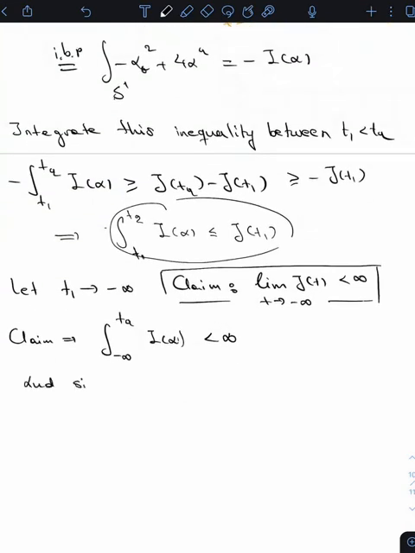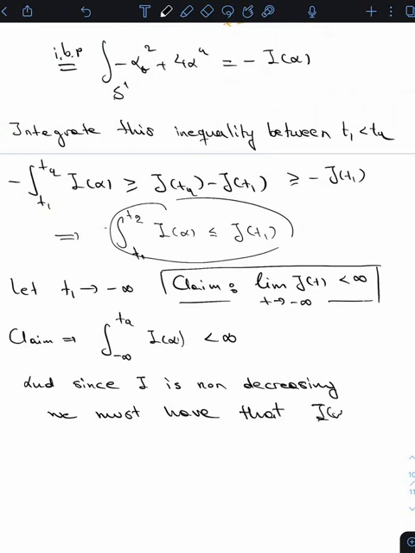And since I is non-decreasing, we must have that I alpha(t) becomes less or equal to 0 as t approaches minus infinity. Otherwise there's no way that this integral is finite. All right, so we're left to prove the claim.